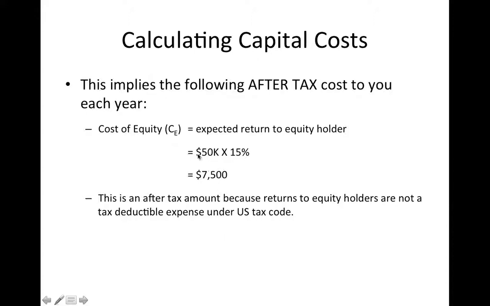So here it becomes just the $50,000 in equity that we raised times the 15% required, or expected, we should say, return to the investor. So $7,500. So basically we need to be able to put $7,500 into free cash flows to equity for the equity investor each time, and that would make them happy.